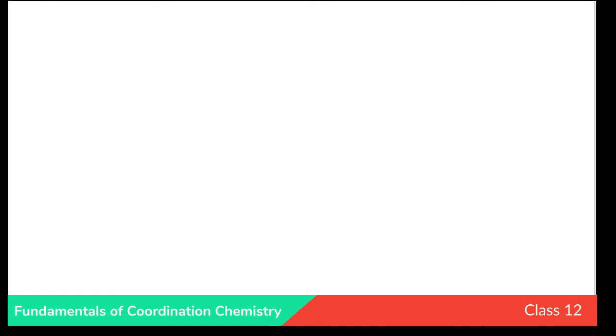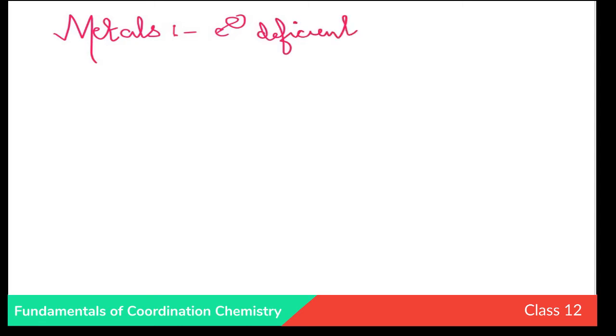Now, why is metal important? Usually, metals are substances which are electron acceptors or electron deficient species. If I would use a more technical term, then I would say that metals are referred to as Lewis acids. Lewis acids are acids which are not only electron deficient, but they also accept electron pairs.